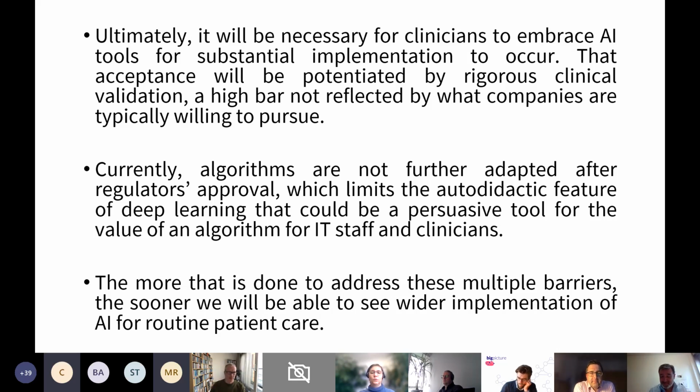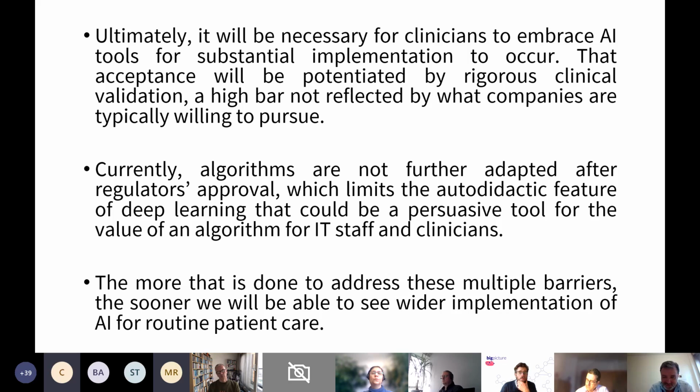Importantly, psychologically, and that's an important thing to discuss, there has been literature that if algorithms are closed systems after a regulatory approval, clinicians will rarely be comfortable adapting the tool. But if they can adapt it in the future, they will be more willing to include it in their daily practices.